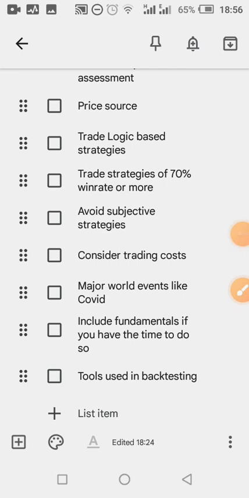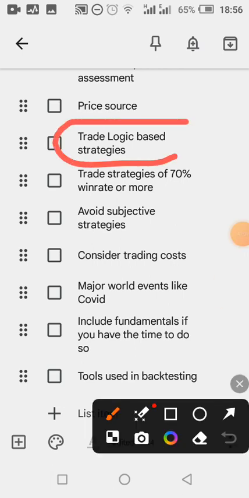Now in trading, also make sure that your trading strategy and also trading method are based on logic.